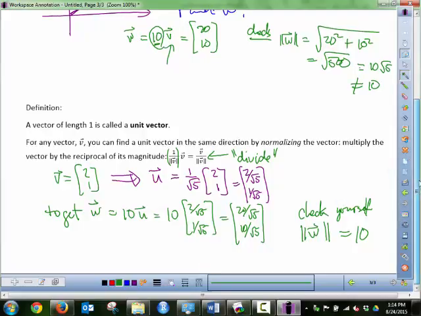All right. Let's see. Yeah, finding unit vectors will become really important for us later on. So this has to hopefully become second nature as you do more and more of these problems.